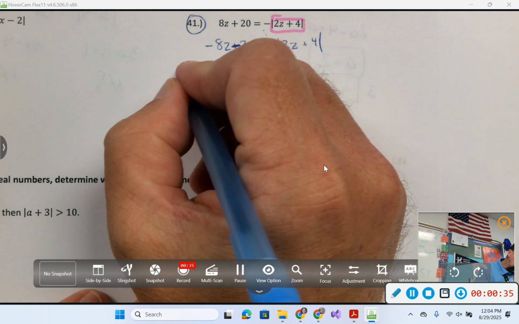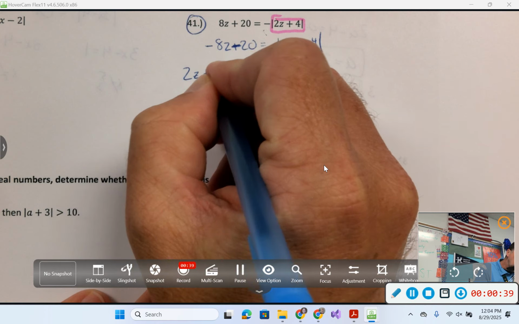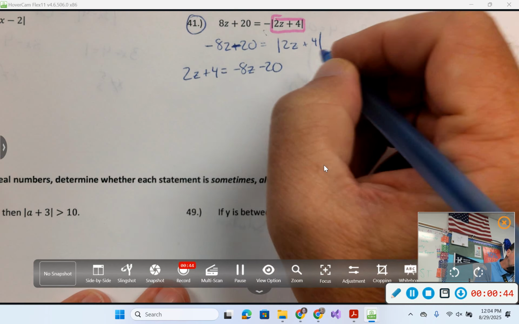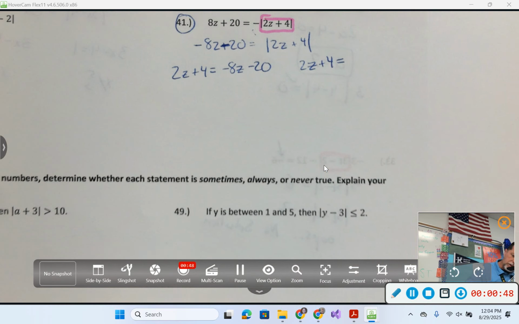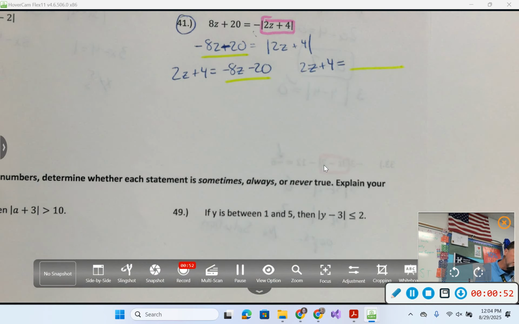So that means, again, don't mess with anything in the absolute value bars. 2z plus 4 equals negative 8z minus 20, or 2z plus 4 equals, what's my other option?